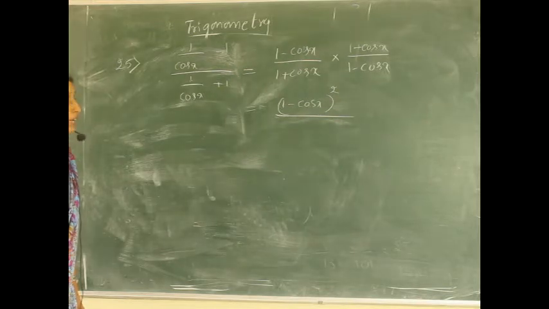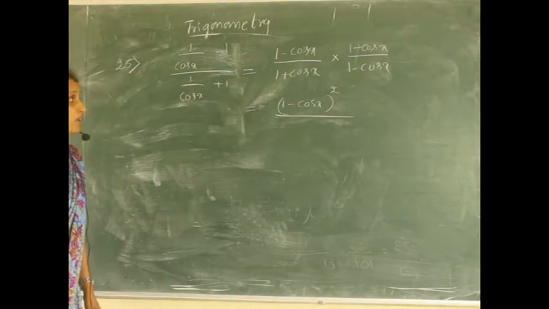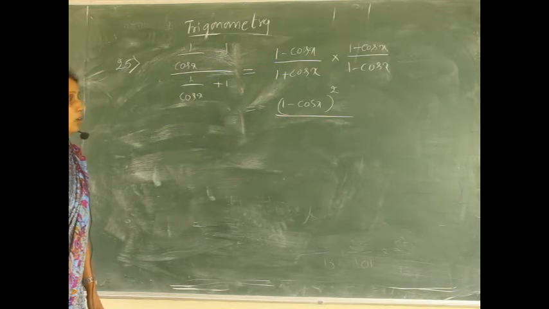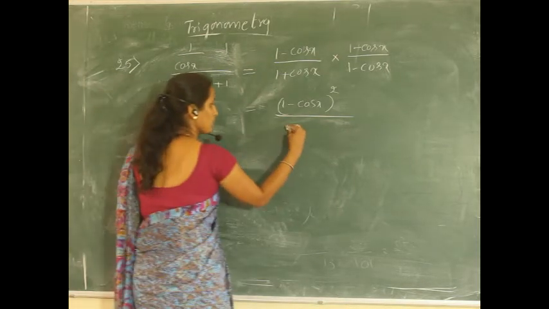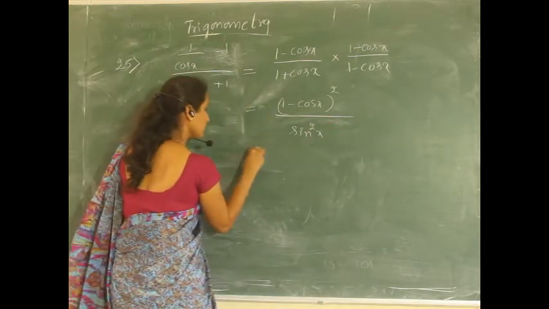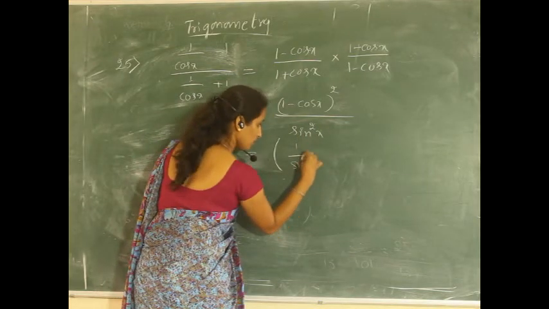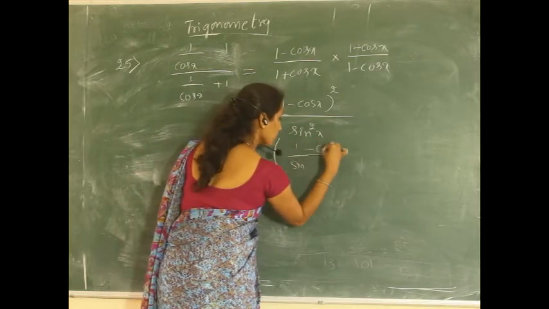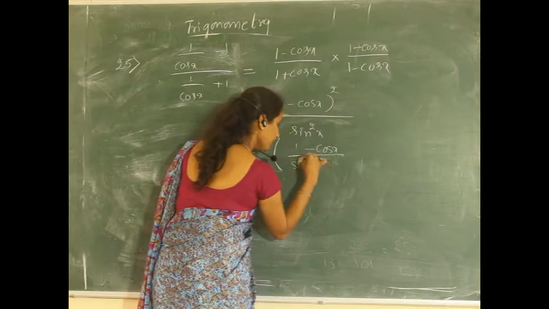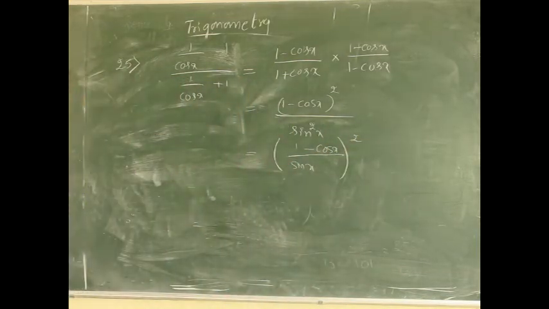So a plus b into a minus b is a square minus b square. So 1 square minus cos square x is sin square x. So I will write all this in a single square: 1 minus cos x divided by sin x whole square. I have written all the terms in a single square.